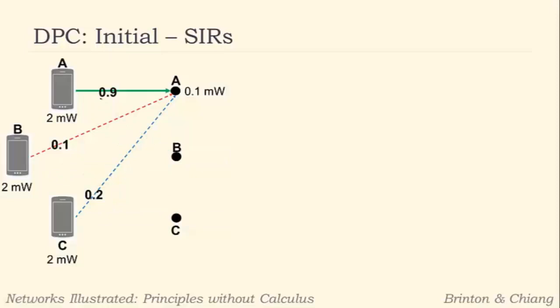Link A has a direct gain of 0.9 and a transmit power of 2 milliwatts. So we know that the signal, and again, remember that the signal to interference ratio is signal over interference plus the noise. So the signal is 0.9 times 2 milliwatts.